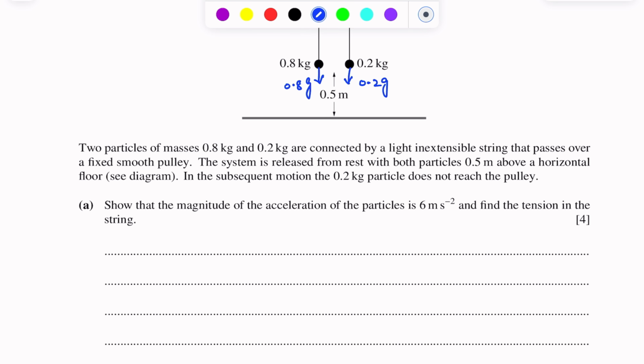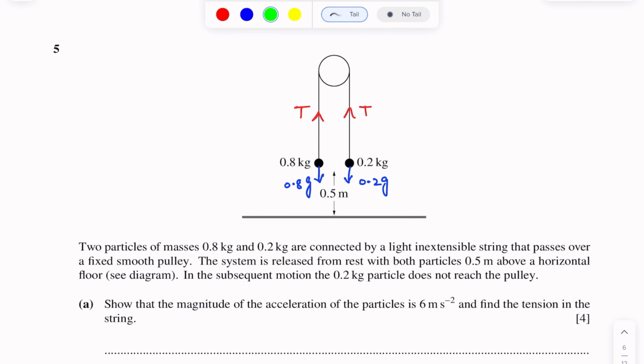Now for both particles we will make two equations. For the 0.8 kg particle, since this particle is heavier than the 0.2 kg particle, as soon as the system is released from rest, the 0.8 kg particle starts to move downward and the 0.2 kg particle starts to move upward.